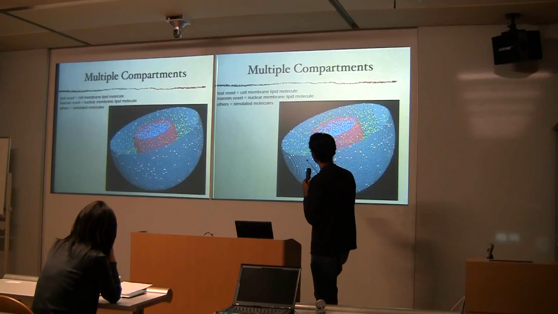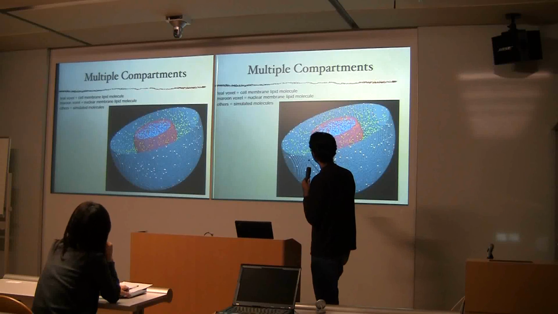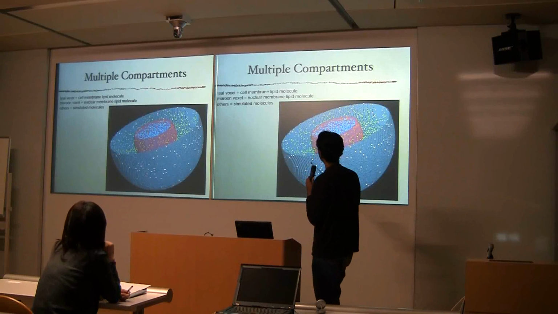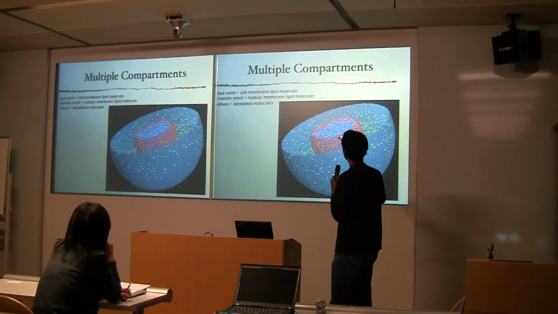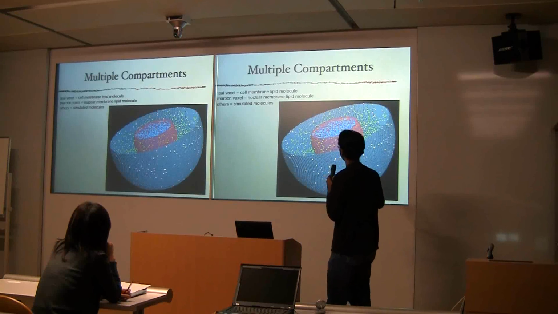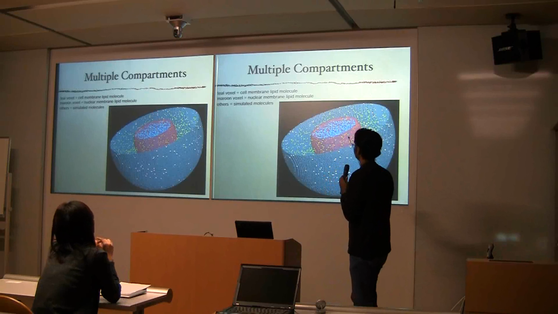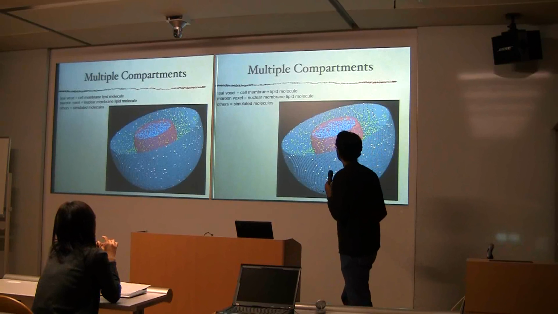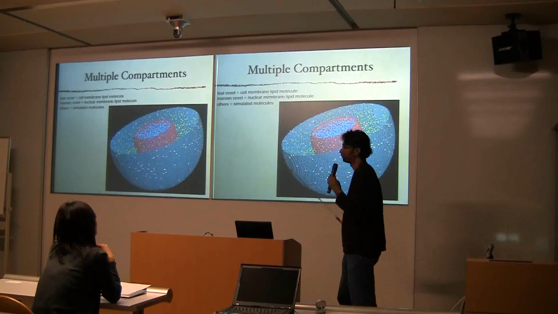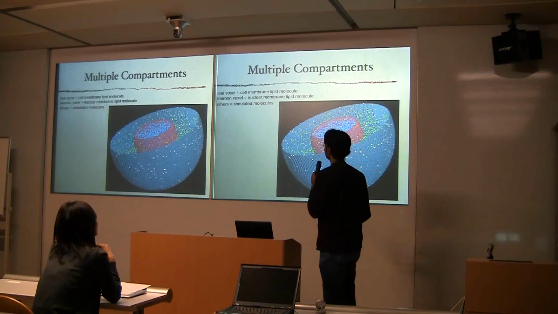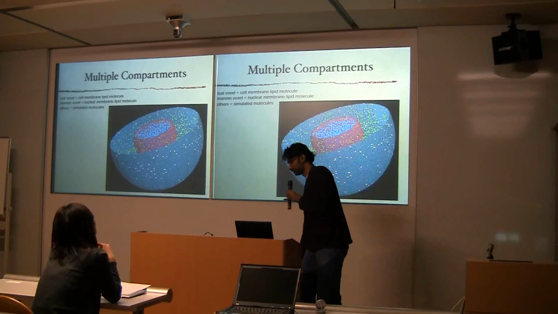So here you can see the teal voxels are occupied by lipid molecules to represent the cell membrane, and then the maroon voxels are also occupied by lipid molecules to represent the nuclear membrane. By this delineation, we don't need to perform a lot of computation to determine the geometry of the cell.